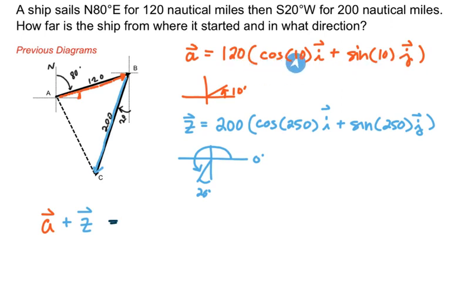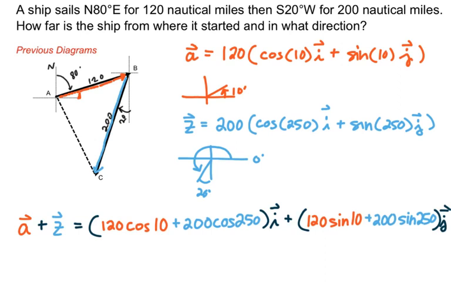I have 120 cosine 10 i, 120 sine 10 j, 200 cosine 250 i, 200 sine 250 j. So if I add up my i components and my j components, I would get that the sum of vector A plus vector Z is the sum of my two i components, and the sum of my two j components.